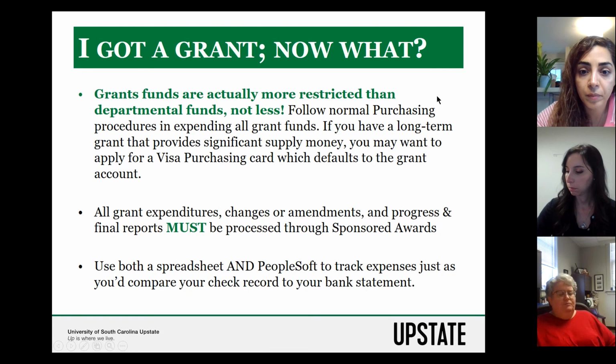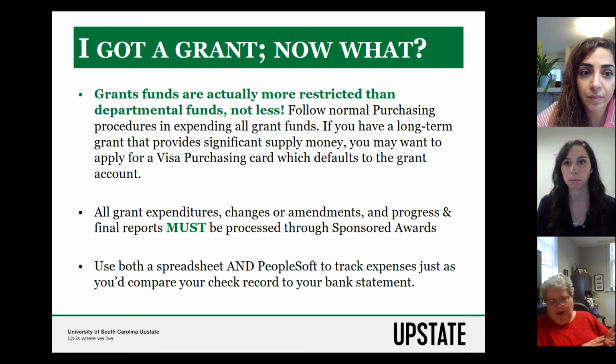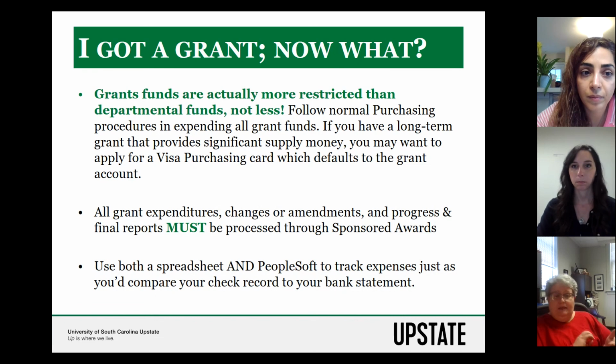All right, so now you have this grant and you have all this money. What do you do with it? Grant funds are actually more restricted than departmental funds. Sometimes people think they can just go spend that money. But we need to follow all of the normal purchasing requirements that we have to follow spending departmental money, because we have to be able to show the track record.